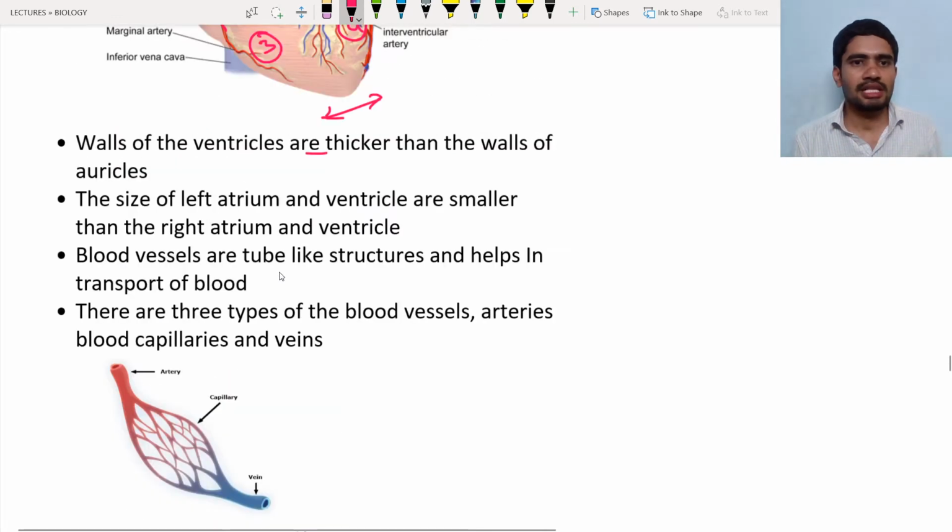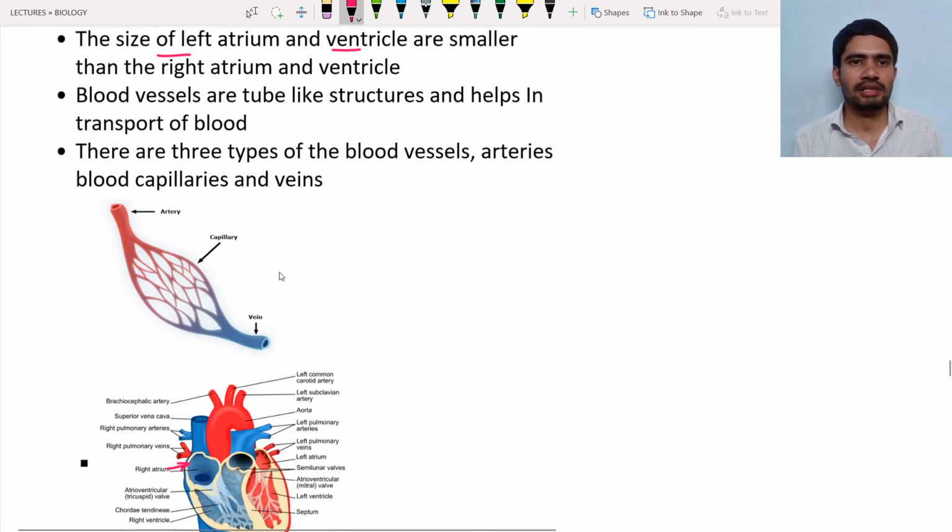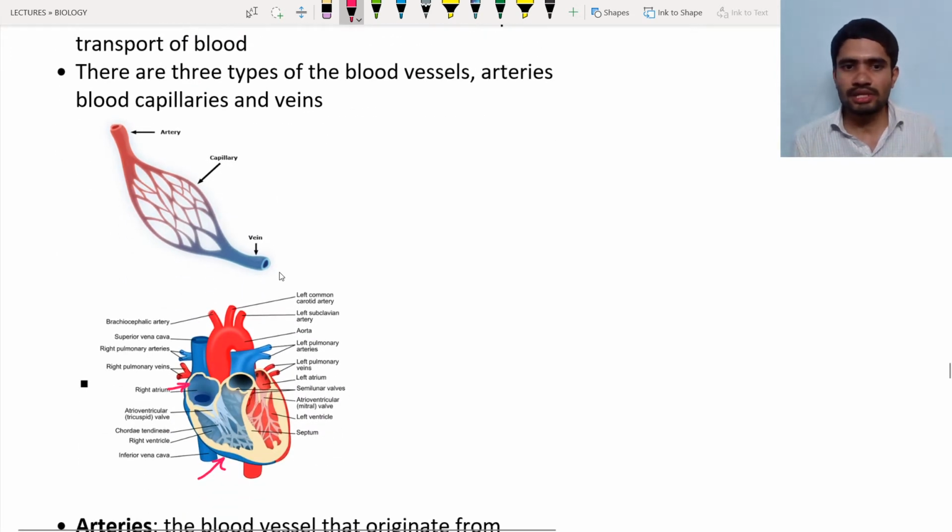Next, the sizes of the left atrium and left ventricle are smaller than the right atrium and right ventricle. Observe this: 1, 2, 3 and 4, four chambers are there.